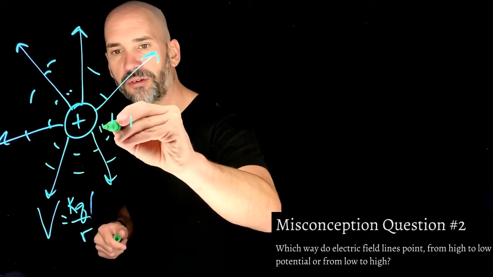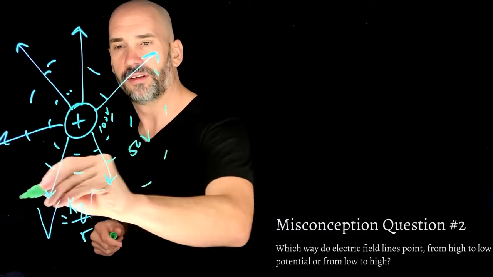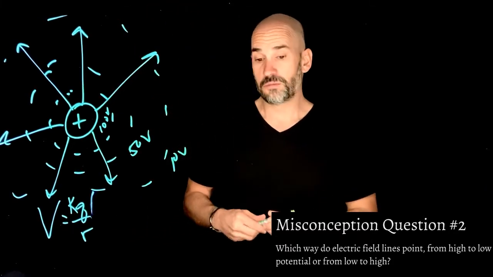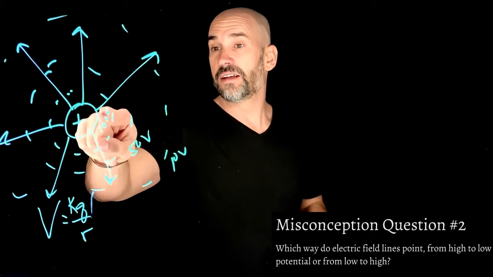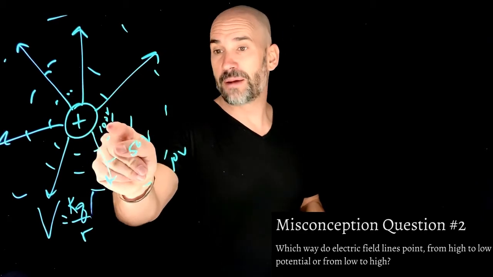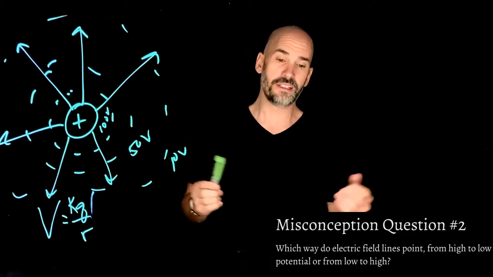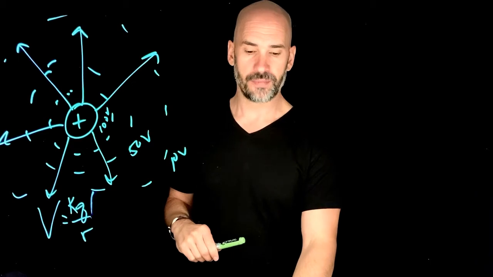So this would be like 100 volts to 50 volts to 10 volts out here, right? So it would appear, just from looking at how this works, that electric field lines point from high potential, 100, down to low potential, 10 in this case. So easy breezy. Electric field lines point from high to low potential.